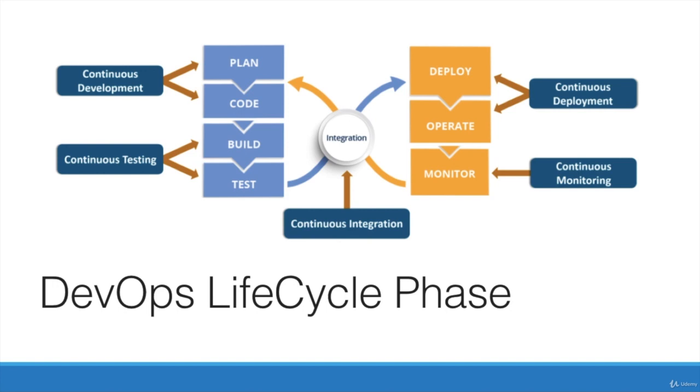It's called continuous integration, and the deployment and operating part comes in continuous deployment, and the monitoring part comes in continuous monitoring. After the monitoring, we find some bugs and it again goes to continuous development. So this is an infinite loop where we are building a product and we are incorporating new features in every sprint. So we will discuss continuous development in detail.